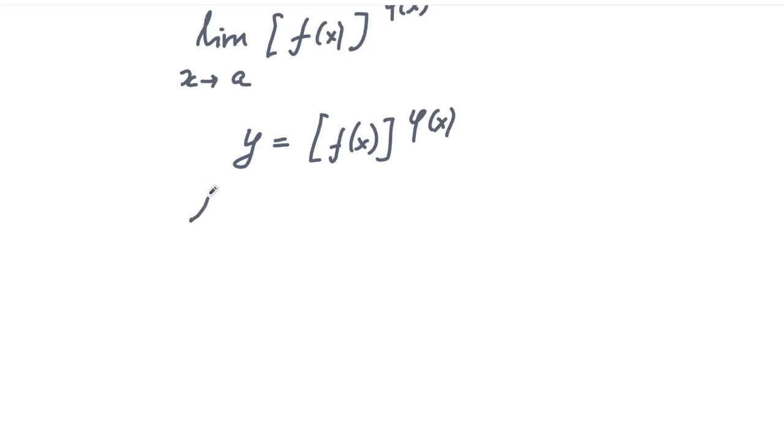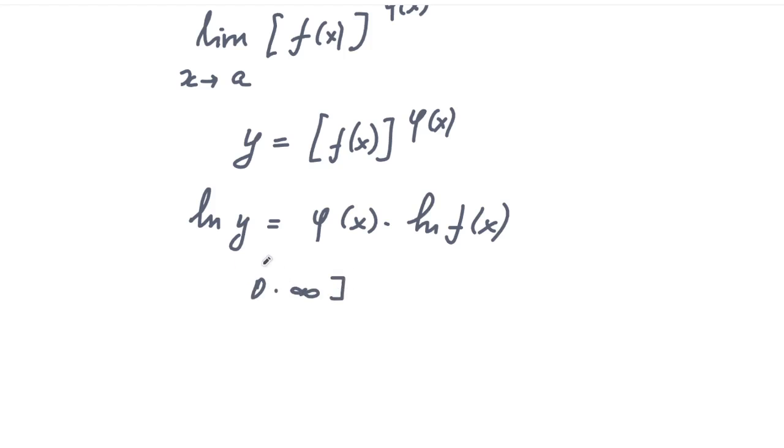We have natural logarithm of y is phi of x times natural logarithm of f of x. As x approaches a, we obtain on the right the indeterminate form 0 times infinity. Finding limit of natural logarithm of y, it is easy to get limit of y.